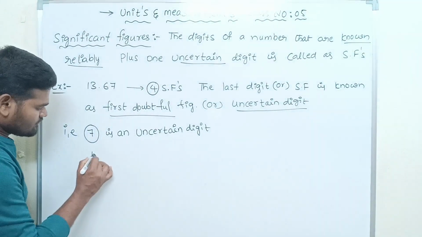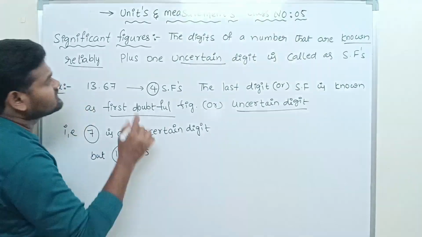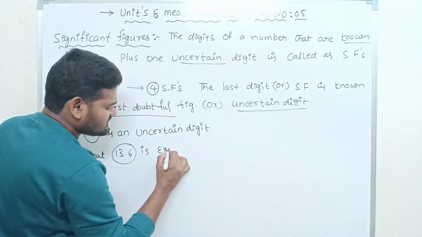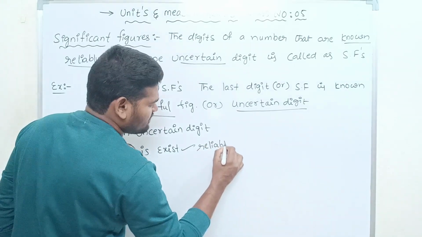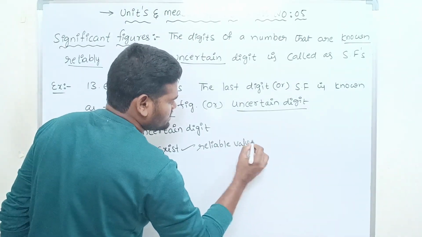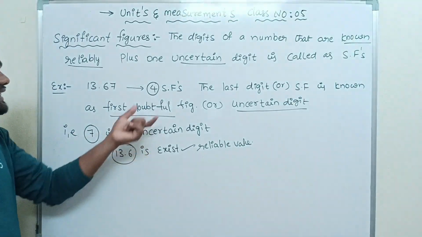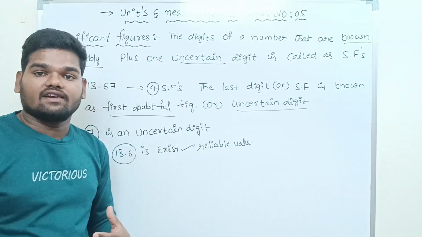But 13.6 is a reliable value, that means it exists. It's a true value. But the 7 here is an uncertain digit, it may exist or not exist.